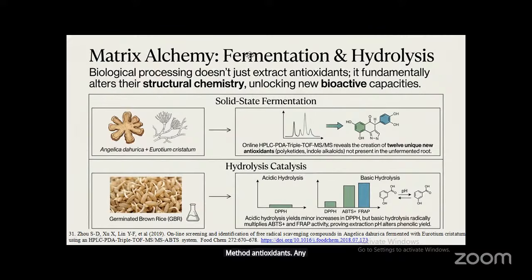Anyhow, between acid and basic hydrolysis, in this case base hydrolysis provides the maximum antioxidant molecules in brown rice. So the fermentation and hydrolysis techniques are also useful to generate antioxidants from raw sources.